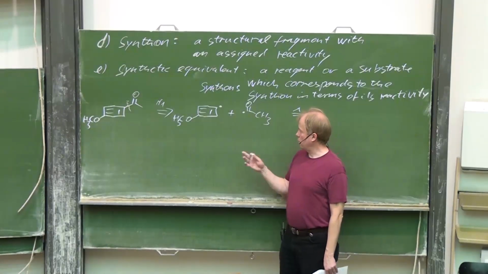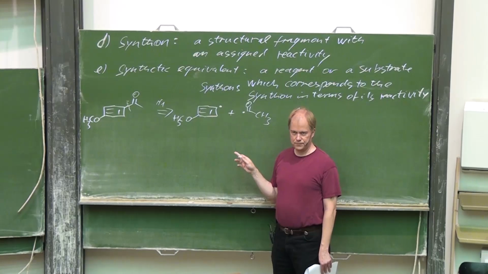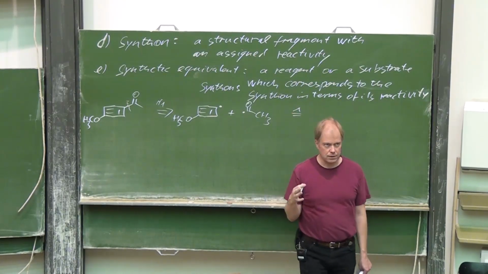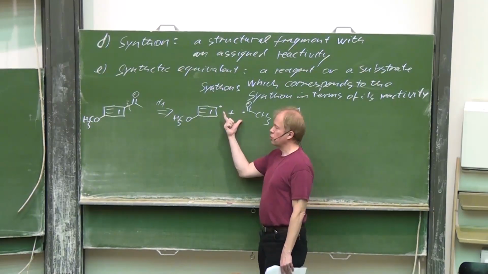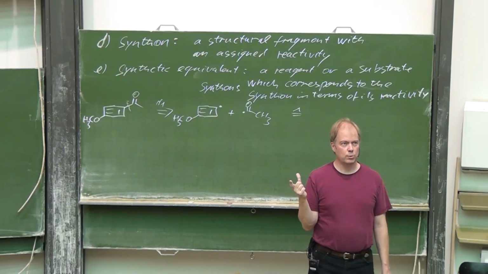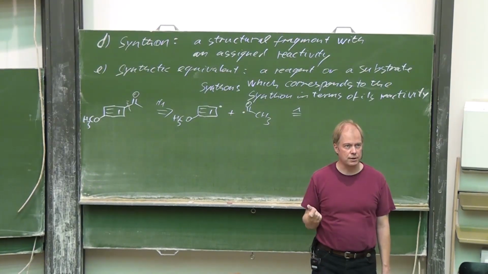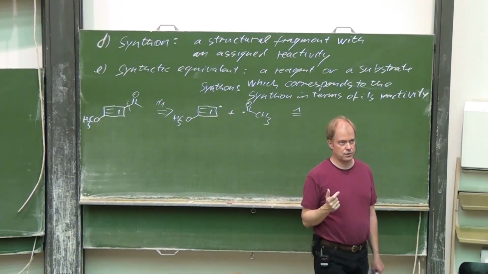Simply because if we have a mixture of radicals, how would we get the selectivity that a cross coupling will occur. We would have as competing reactions, of course, the formation of homocoupling products.